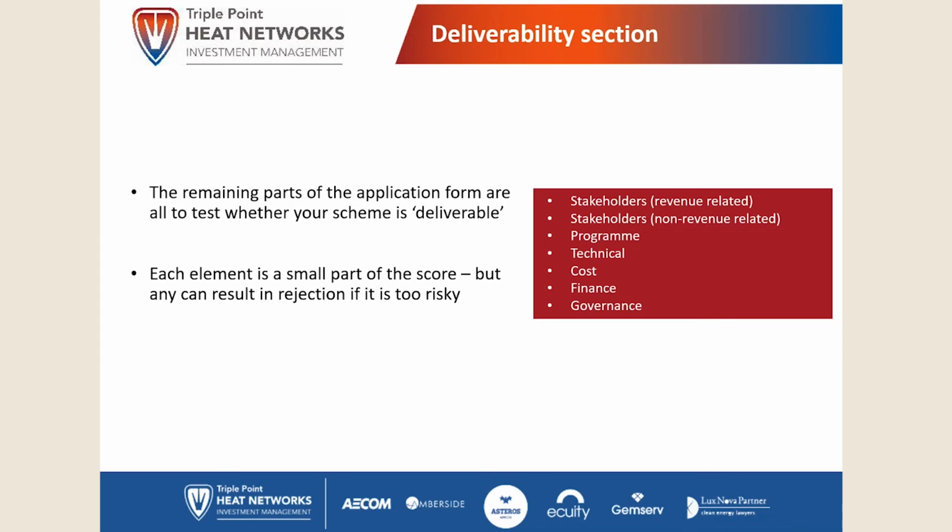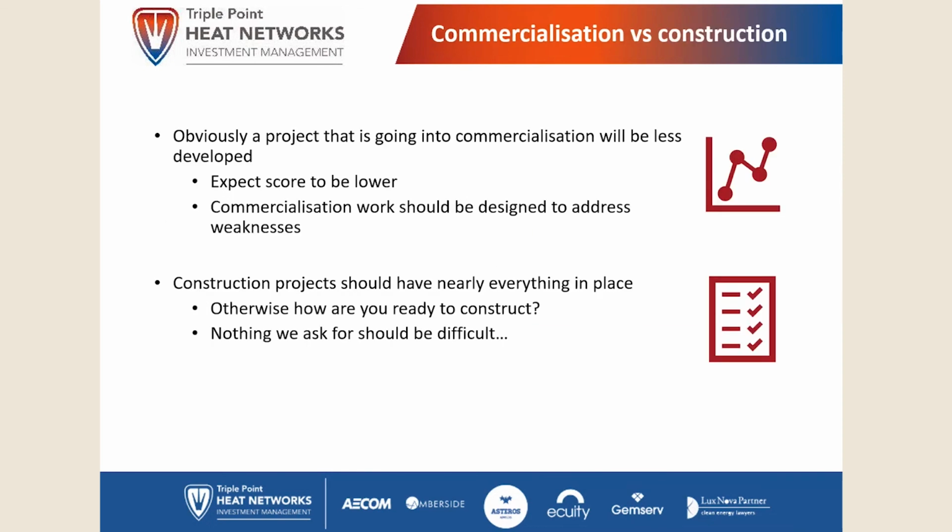We're looking for information on the 7 categories: the stakeholders, relevant to revenue, non-revenue, program and technical costs, which we've already been through, finance and governance. Okay.